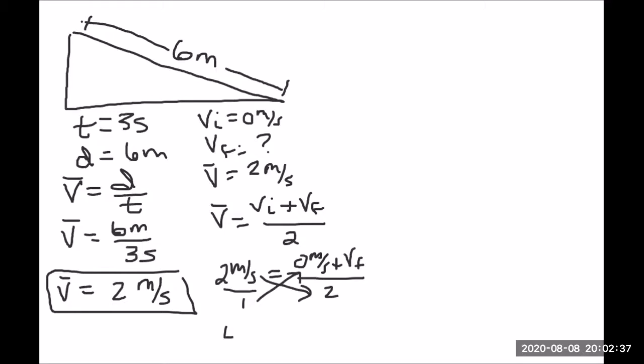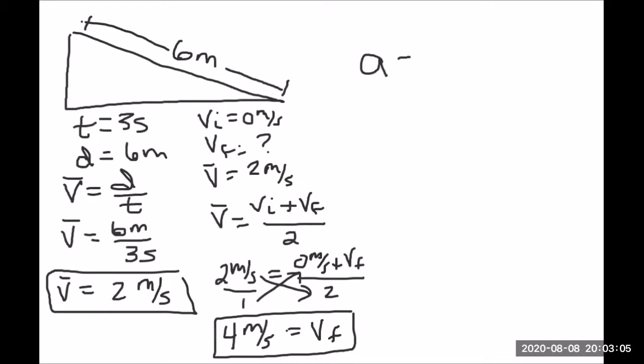So I've got 4 meters per second equals 1 times 0 plus our final velocity. So it would just be our final velocity. And as a general rule, if you start at rest and acceleration is uniform, your final velocity is double the average velocity. Now let's find acceleration.